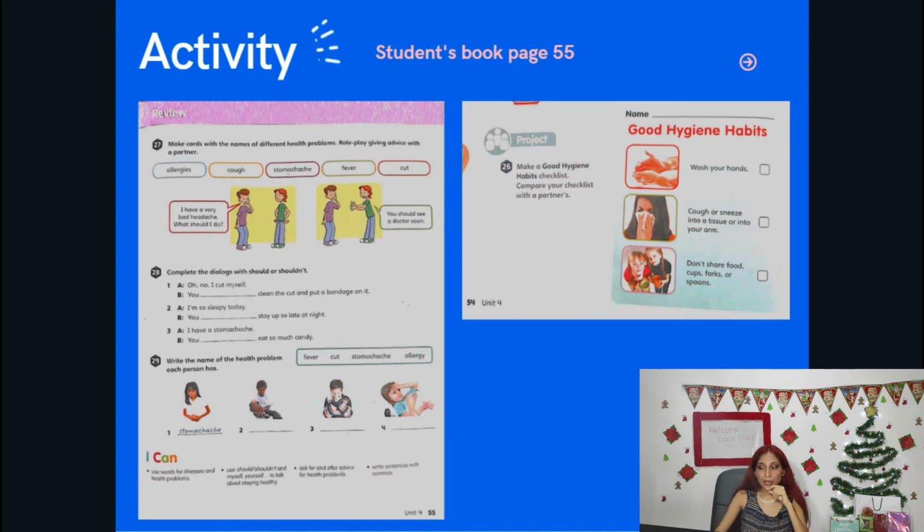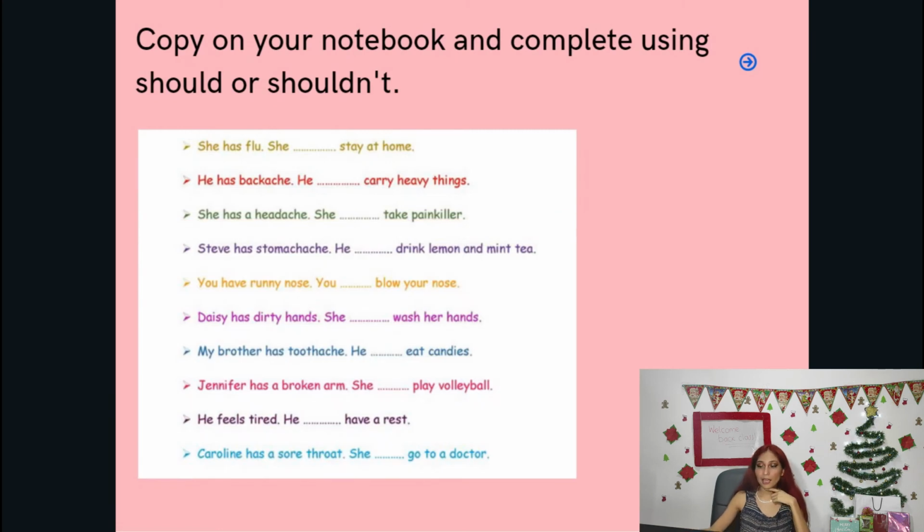Now we have one more activity, and this activity is for the notebook. The instruction says copy on your notebook and complete using should or shouldn't. I think we have 10. For example, she has flu, she should stay at home, and so on. So you need to read this, think about it, try to understand.